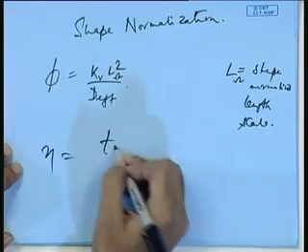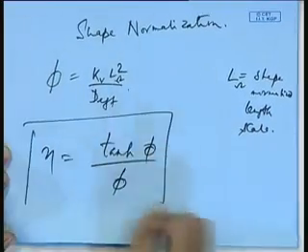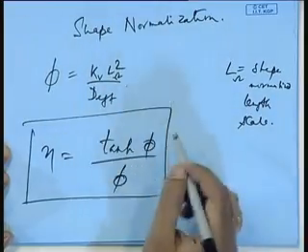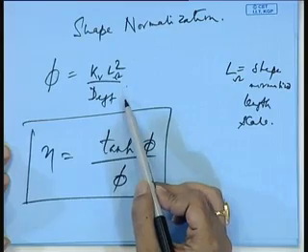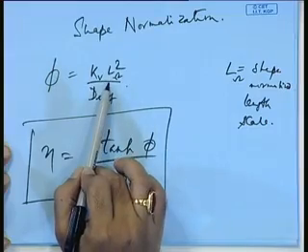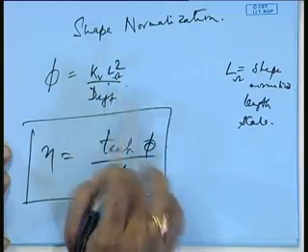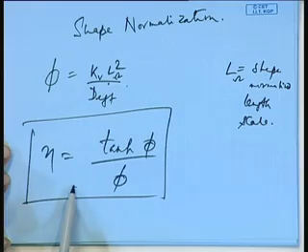So, if you say that your eta is tan hyperbolic phi over phi, and you define your phi this way in terms of the shape normalized value, and there is a mechanism for that, r over 2, r over 3 for different shapes, how this L is going to vary is given. So, you can just use that shape normalized value of radius, and then use this formula.